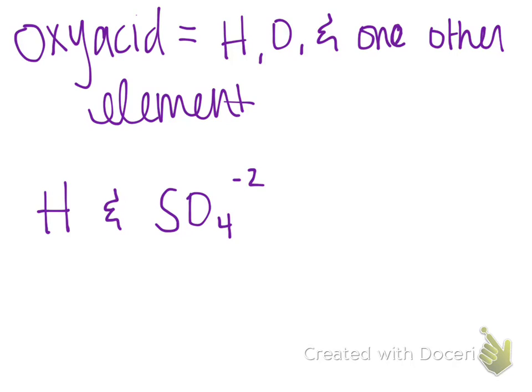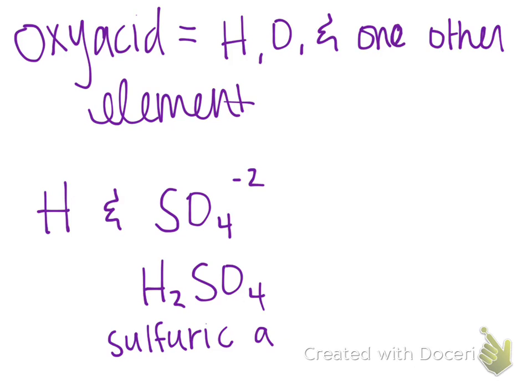How many hydrogens would I need to balance out that sulfate? I need 2, so it would look like this, H2SO4. This one is called sulfuric acid.